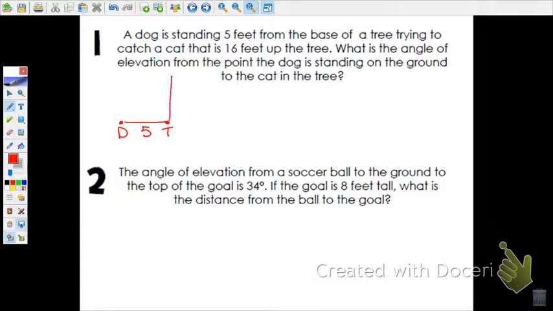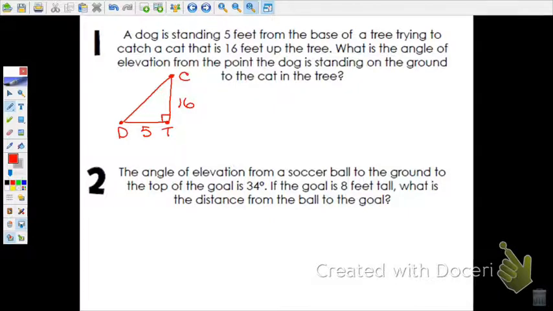So our tree goes up, and up the top of the tree we have a cat. So I can see this right triangle. That cat is 16 feet up the tree.